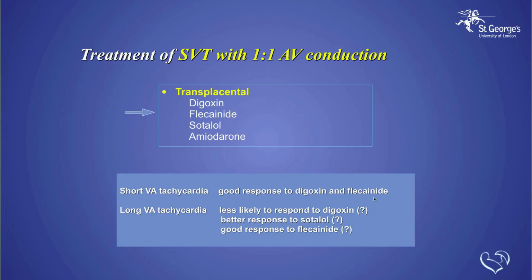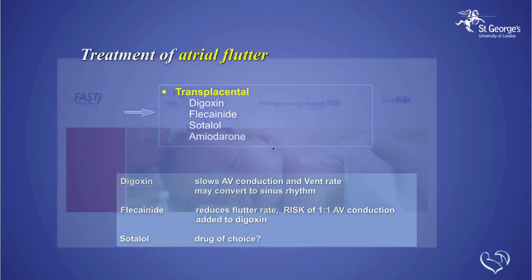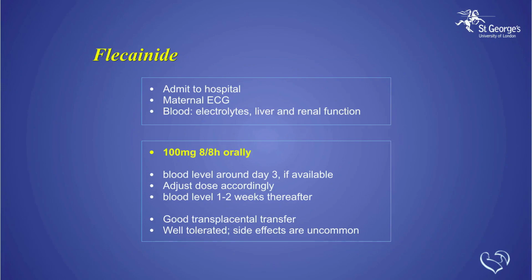If the baby is hydropic, then digoxin is not a good drug. I'm going to skip some of these here, because I just want to briefly mention there is currently a randomized control trial for treatment of fetal tachycardia, which has 3 main groups looking at flecainide, and you can have these through the web. Usually it's 100 milligrams 3 times a day. It's usually a very good response.